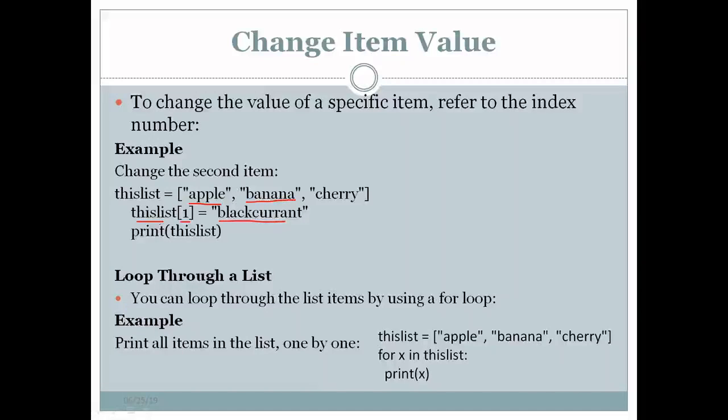And when we print the list, it will print the elements, that is apple, black currant and cherry. So this is how we can change individual items from the list. But the similar thing cannot be done with a tuple or a string.